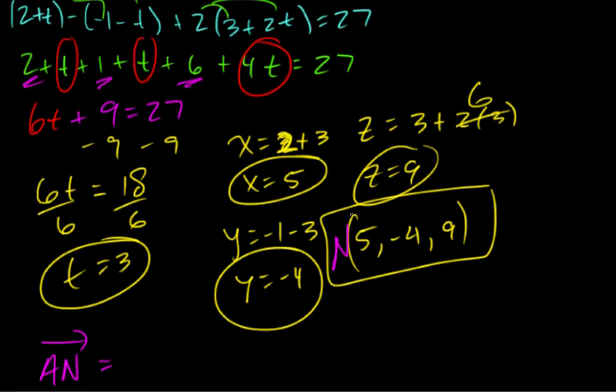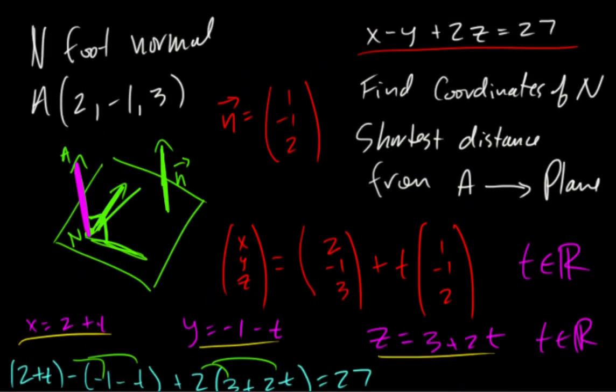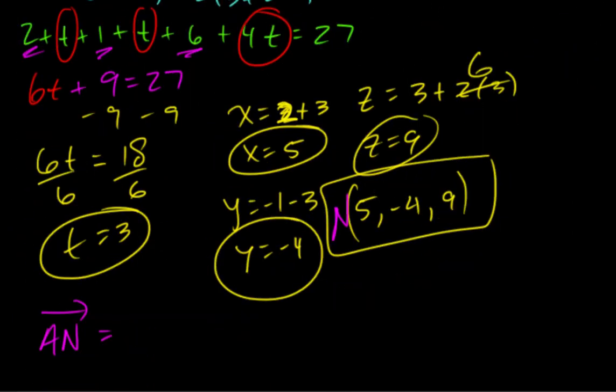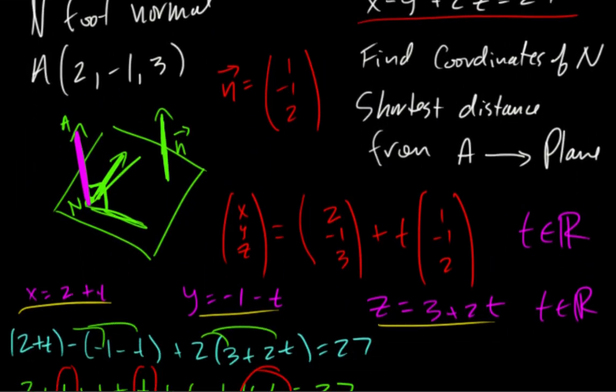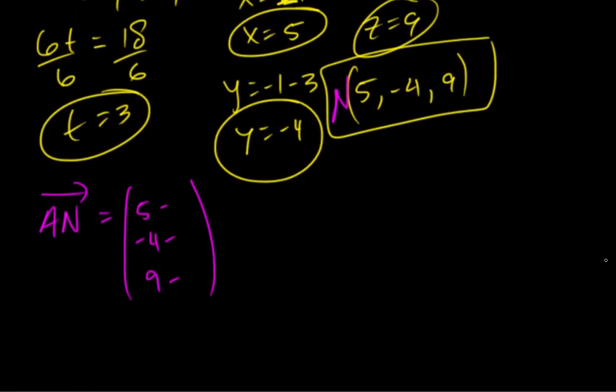And by the way, this is N. Okay, so we do N first. So 5, -4, 9, minus A, which was 2, -1, 3. So that's 3, -3, and 6.